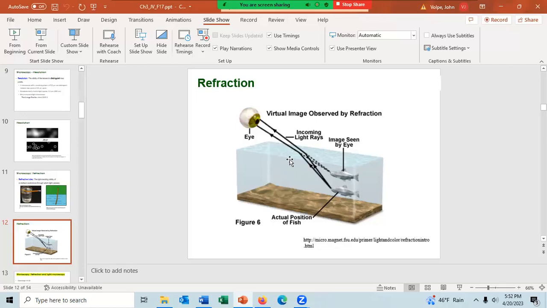And so when the bird tries to catch this fish, it has to know that this is where the fish looks like it is, but in reality, it's really here. And animals do this instinctively, at least animals that are used to catching fish in the water, like birds. All right.